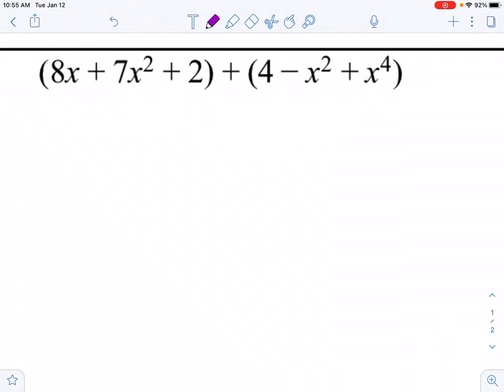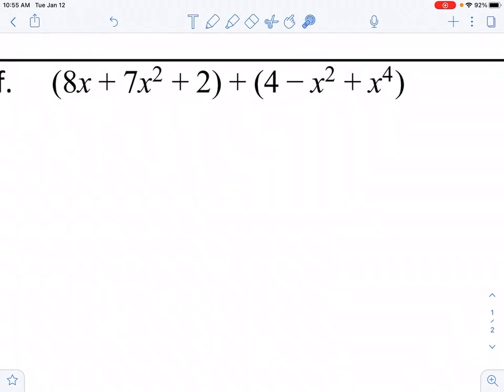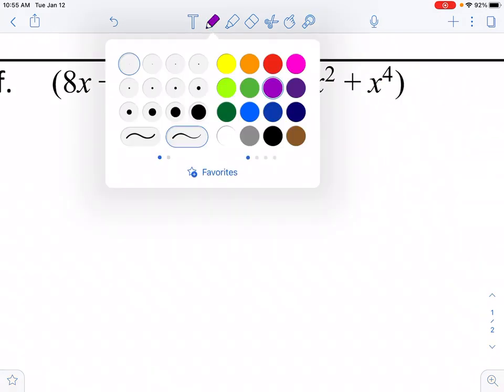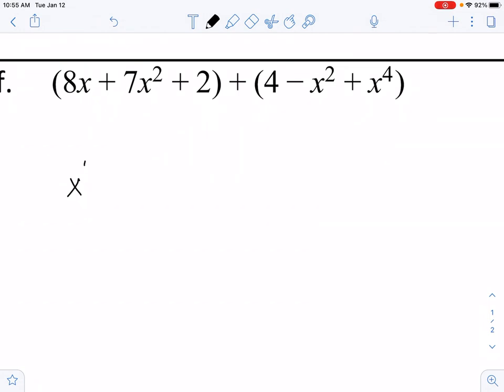All right, and our final example. So again, I'm going to look for my largest exponent, which in this case is 4. So I'm going to write in descending order. I'm going to go 4, 3, 2, 1, right? And then our constant terms, or whatever our numbers are.